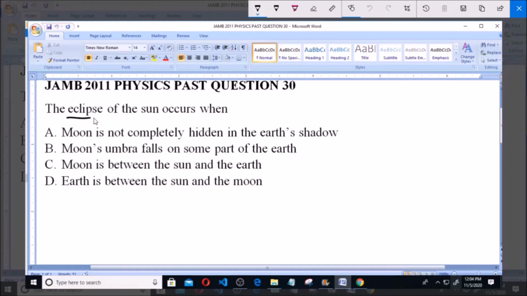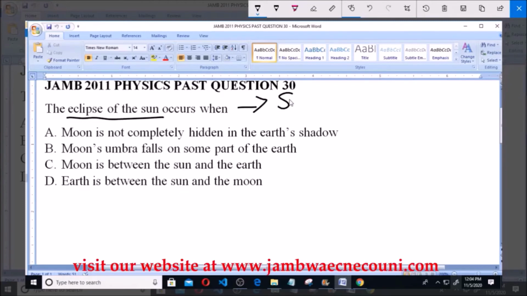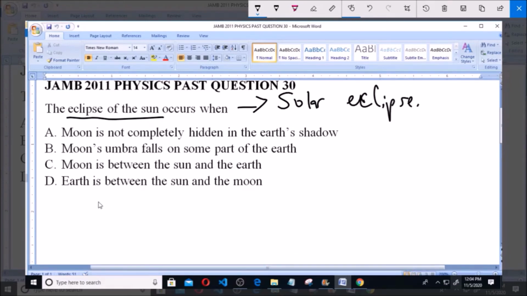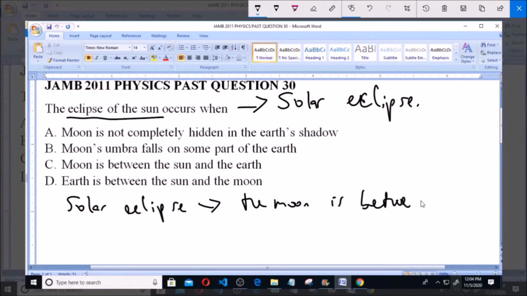Now the eclipse of the sun is also referred to as the solar eclipse, and basically we are asked to explain the actual phenomenon behind the solar eclipse. In the solar eclipse, what happens is that the moon is between the sun and the earth.